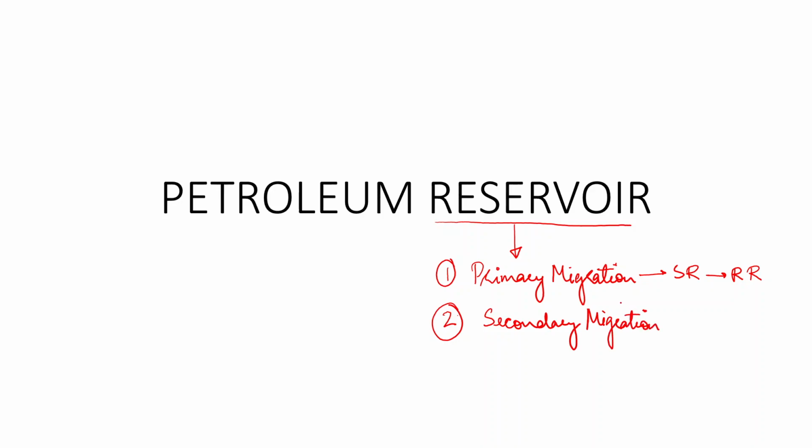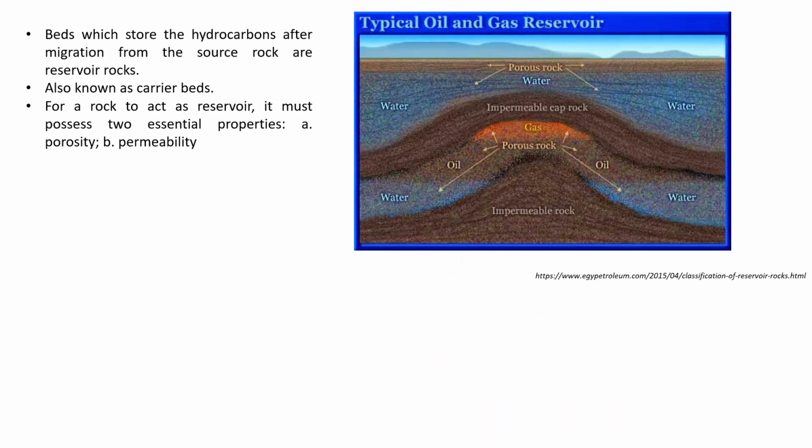So the reservoir rocks are the rocks which hold the oil, as well as being responsible for the secondary migration, which makes them known as the carrier beds. So let us have a look at the details of petroleum reservoir.